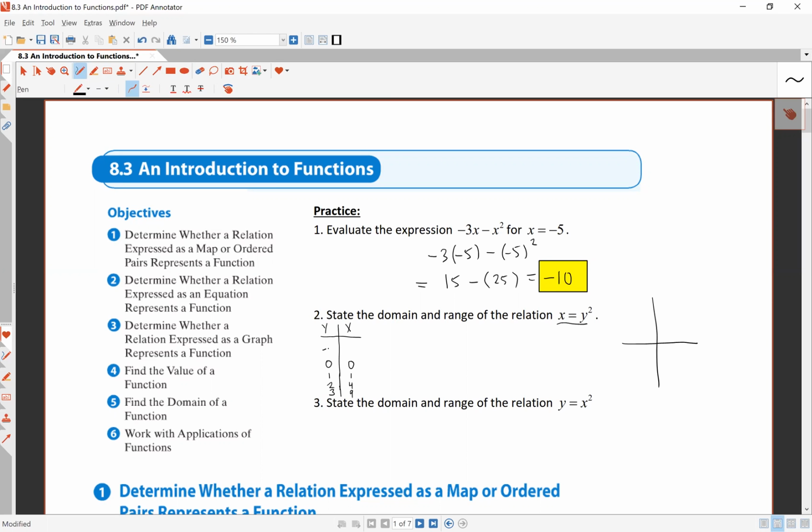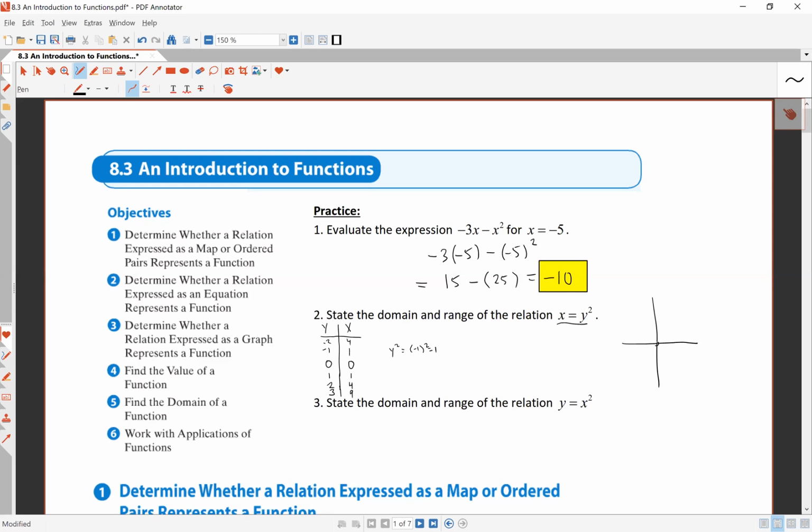When we substitute the negative numbers in, y squared would be negative 1 squared, which is positive 1. Negative 2 squared is positive 4. Negative 3 squared is positive 9.